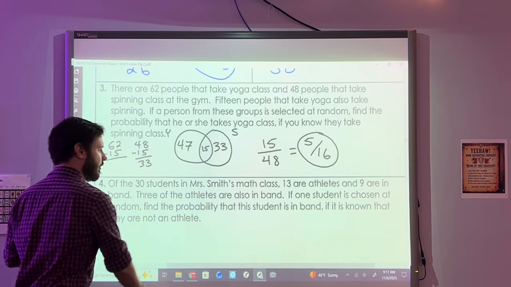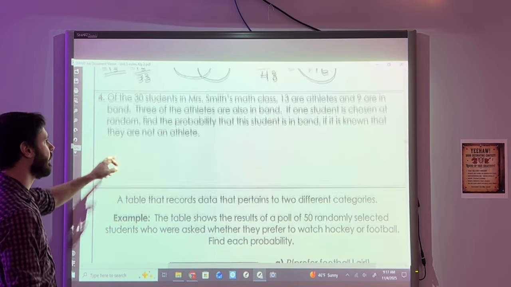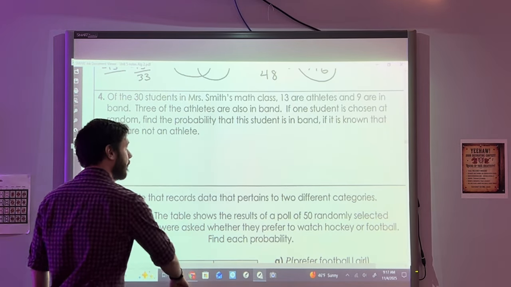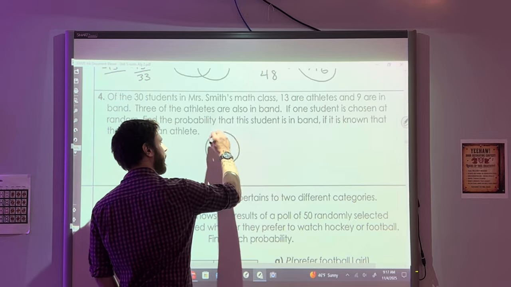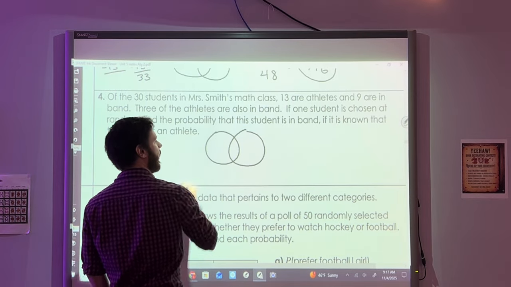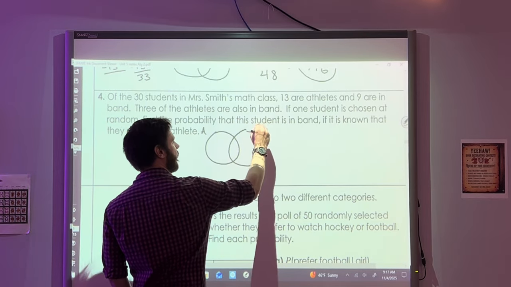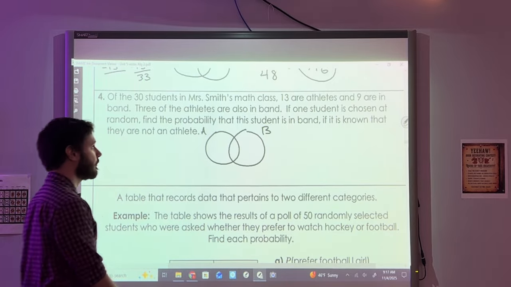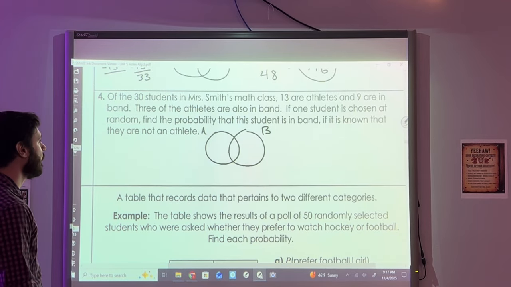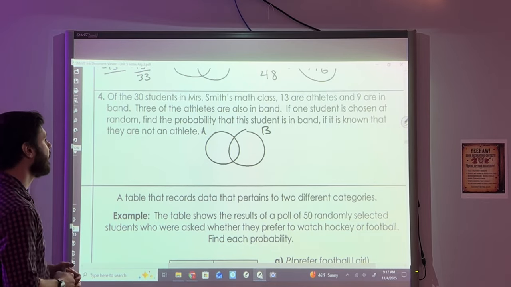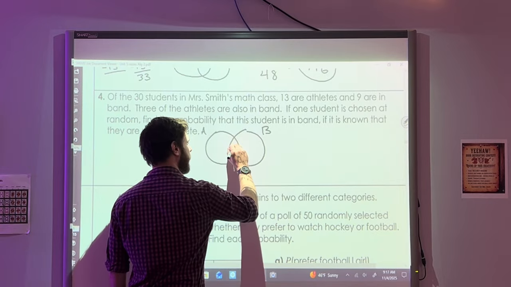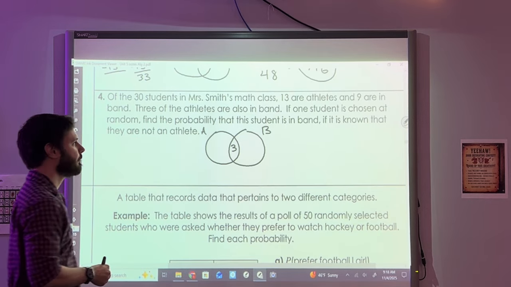30 students in Smith's math class, 13 are athletes, 9 are in band. Okay, so we're gonna build another Venn diagram. We have athletes and we have band kids. 30 total kids. 13 are athletes, 9 are in band. 3 of the athletes are also in band, so only 3 in my overlap.